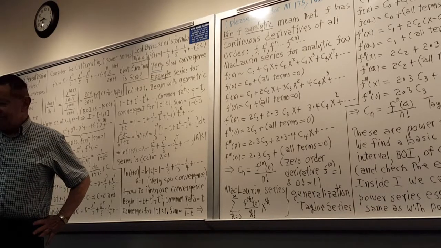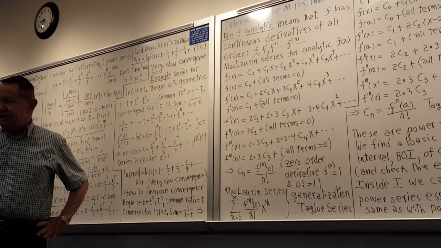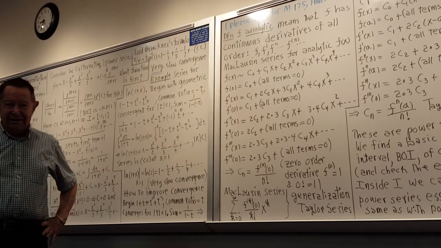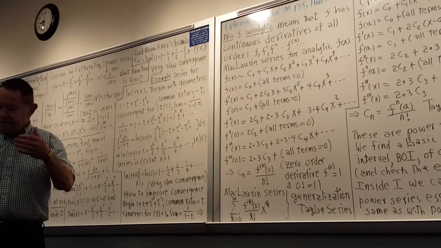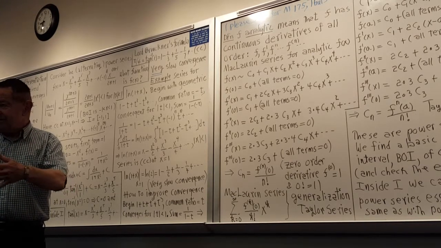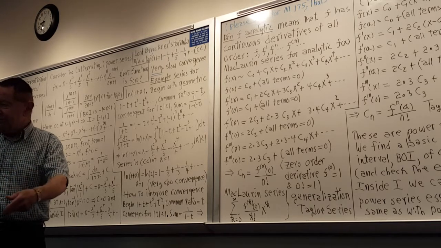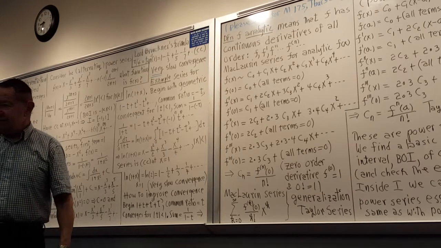For e to the x, the derivative is e to the x, however many times. And for the logarithm, you get 1 over x, and then you can do the derivative of x to the minus 1 power, and then the derivative of that, and on and on, as long as x is positive.